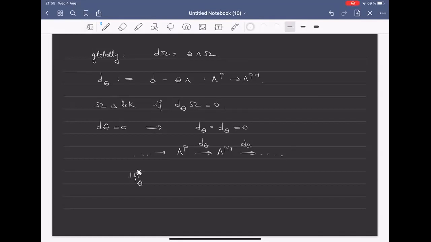So H theta of a generic index, the manifold M, which is of course the kernel of d theta quotient to the image of d theta. This is something called the Morse-Novikov cohomology.